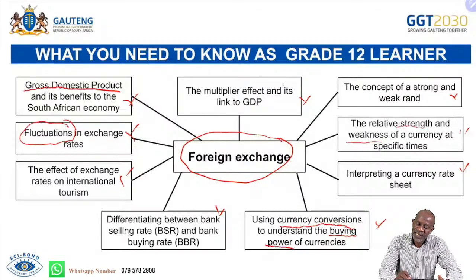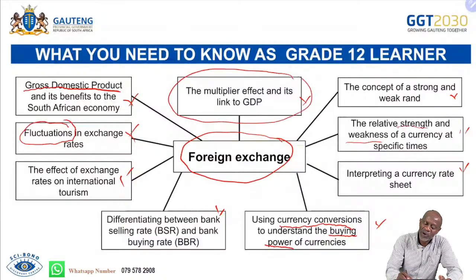Grade 12 learners, we are also going to look into the concept of the multiplier effect and its link to GDP.